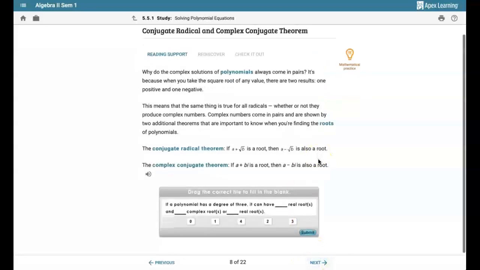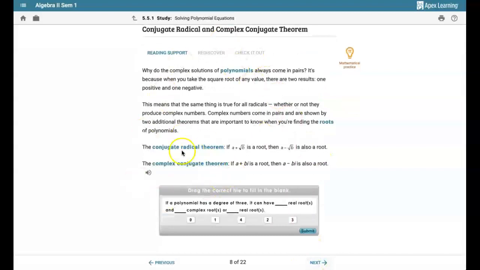Reminding ourselves here, the conjugate radical theorem says if a plus the square root of b is a root, then a minus the square root of b is also a root. The same thing is true with the complex conjugate theorem: if I've got the positive version, I have to have the negative version.